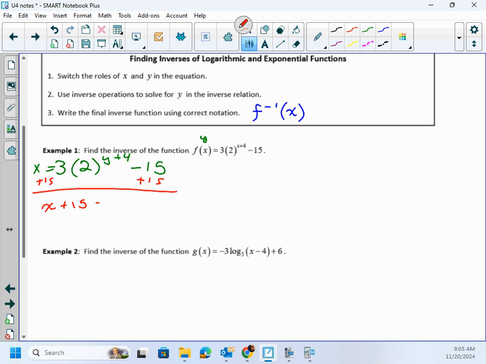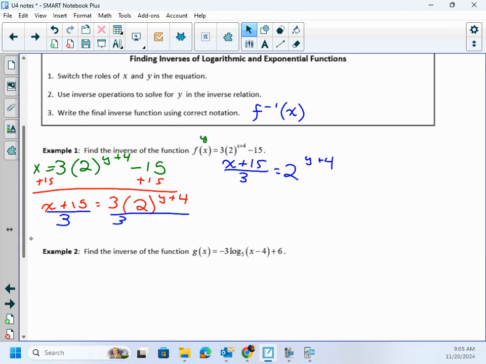So x plus 15 equals 3 times 2 to the y plus 4. Again, to get the y plus 4, the 2 piece has to be by itself, so I divide by 3. So I have x plus 15 over 3 equals 2 to the y plus 4. If you want to, you can leave it, or you can write this as 1/3 x plus 5. That's up to you.